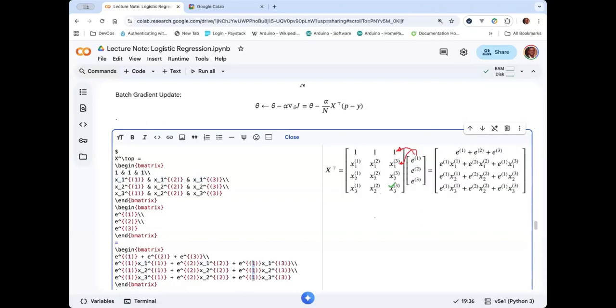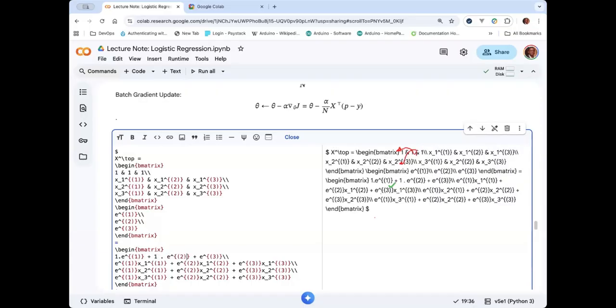So this is what I was trying to explain. So you're going to end up with E1 X1 plus E2 error for the first row. Let's do this for the first row in order to make things easier, and let's space it out.